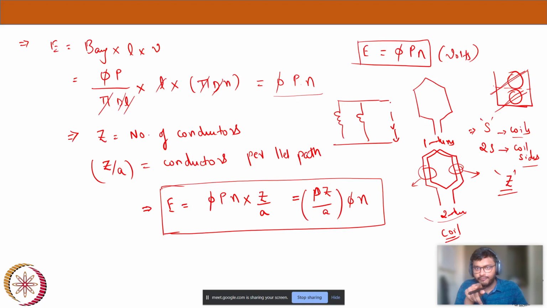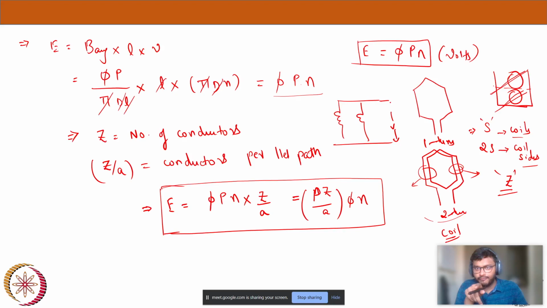Now, how do I calculate the area? Area is the section under which the flux per pole acts. Here, how many poles are there? Four poles. So under each pole some amount of flux is generated, which we call flux per pole. If this is the pole, only this particular area comes under that pole.